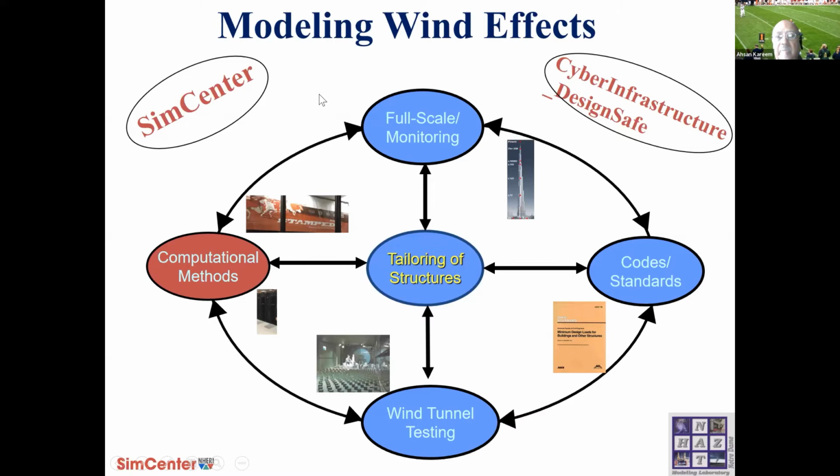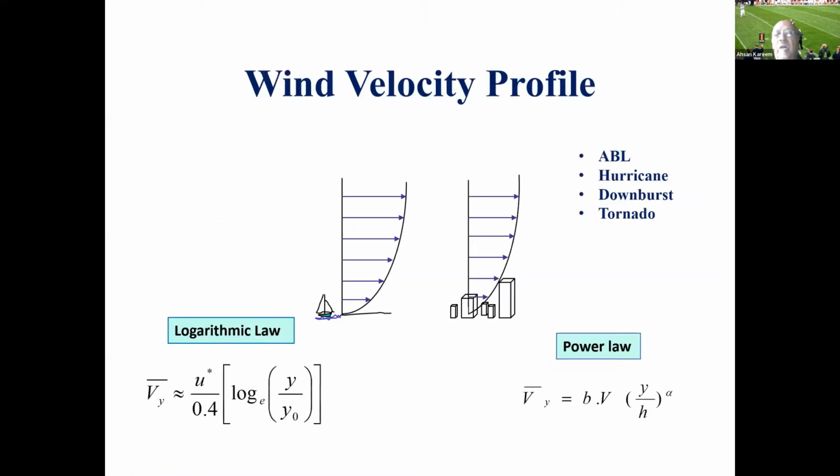Just to begin with a wind velocity profile, if you have wind blowing over smooth land as compared to built up, you can see the difference in the shape of the profile. And that is what is defined in the building codes. If you go using a fluid mechanics background, it is what we call a logarithmic law, which is normally good for the lower part of the profile.